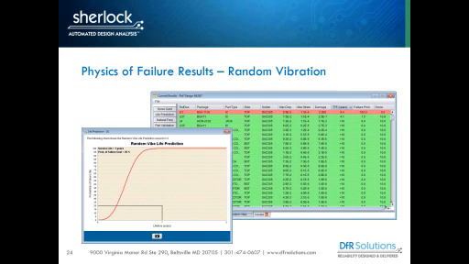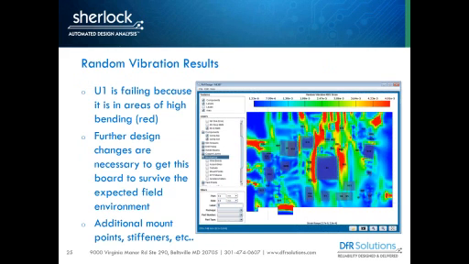And now we need to go back and look at that circuit board and say, okay, why is U1, which is in the center of the circuit board, failing? These red areas are areas of high bending. So this part is failing because on either side of it, there's large amounts of bending. We really have to do something extra to prevent this from failing in that environment.